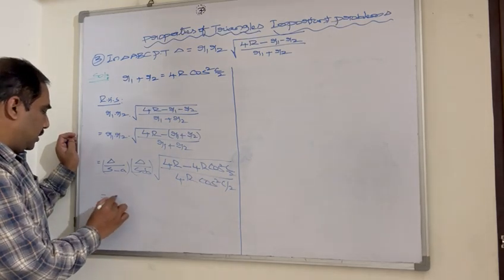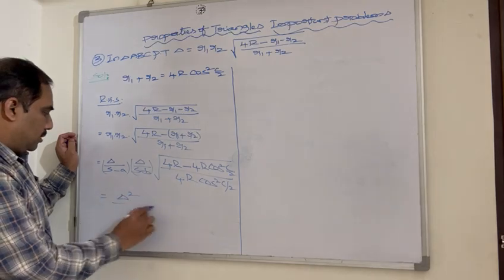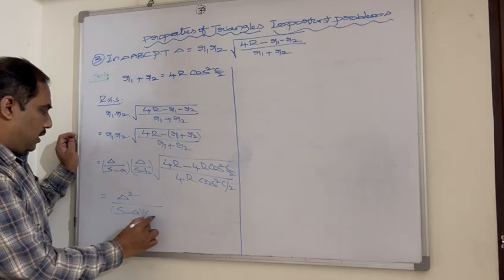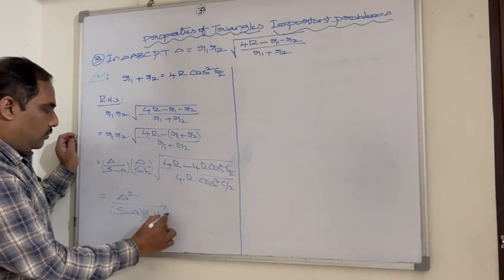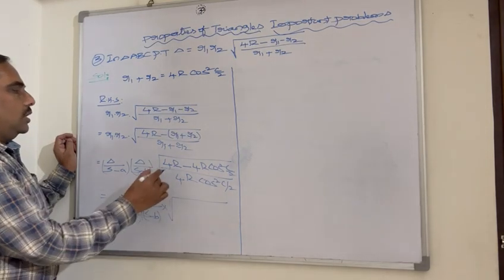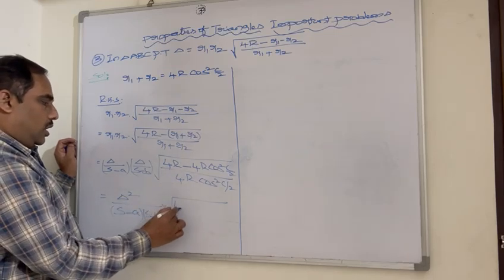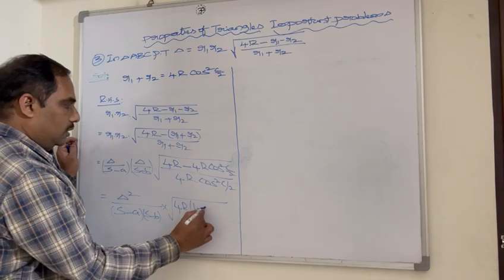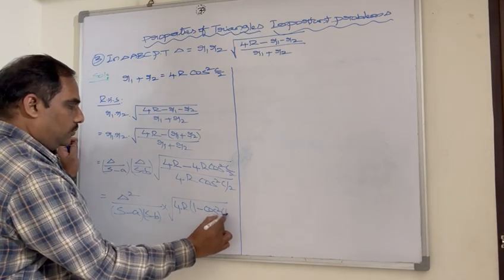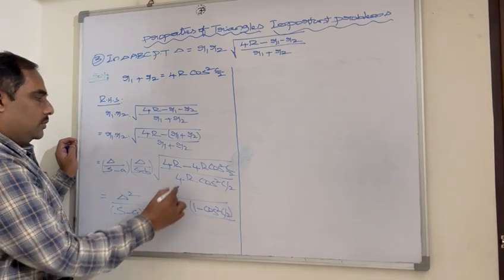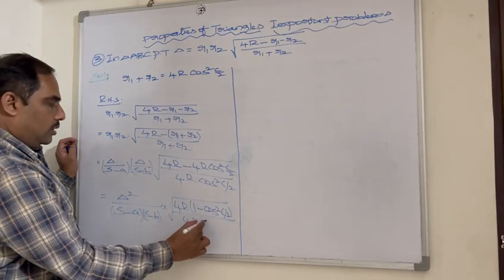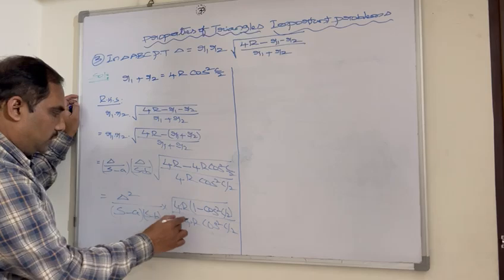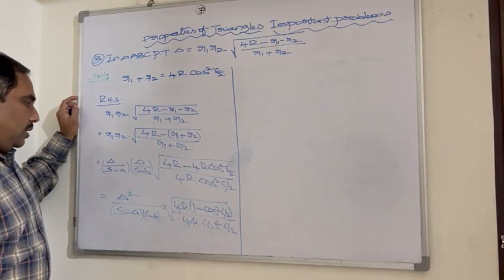So now here we get delta square by (S minus A) into (S minus B), so into root over, if you take 4R common in the numerator, 4R into (1 minus cos square C by 2) whole divided by 4R cos square C by 2. So now 4R gets cancelled in the numerator and denominator.